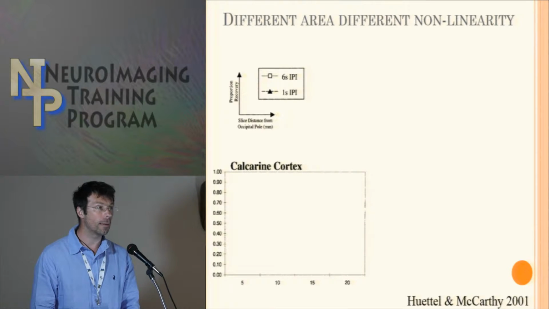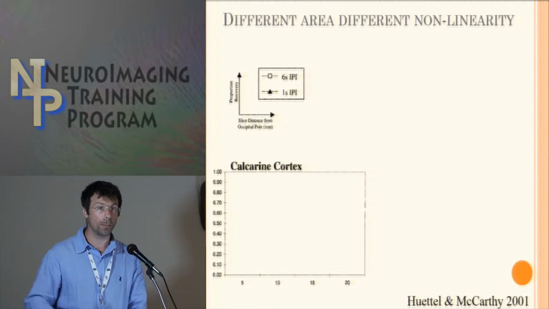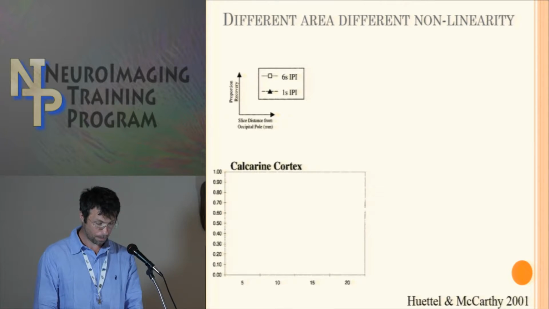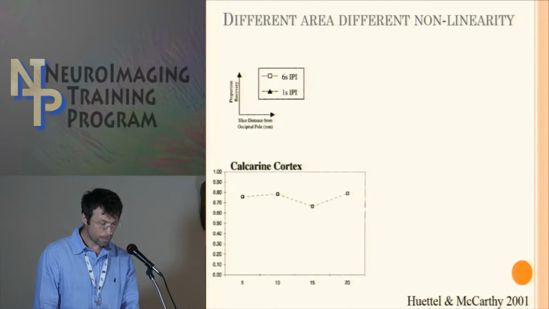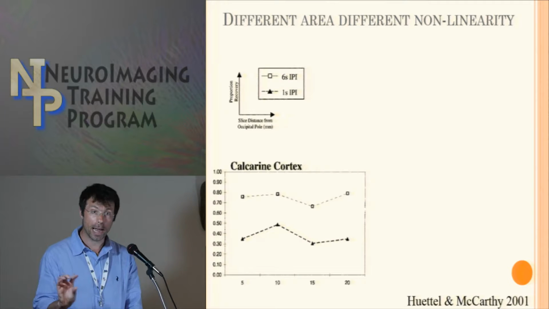Turns out, not quite the case. What you're seeing here is, if you had 2 trials back to back, how big is the second trial compared to the first one? Is the second trial identical to the first one? Then it would be 100%. Or is it half the intensity of the first one? That would be 50%. And what you're seeing on the x-axis is the distance from the occipital pole in visual cortex.